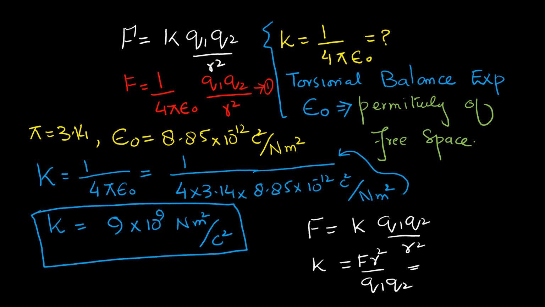So the unit of force is Newton, R is the distance between 2 point charges, so the unit of distance is meter, so R square will be meter square, and the unit of charge is Coulomb, so for 2 point charges the unit becomes Coulomb square. So the unit of K becomes Newton meter square divided by Coulomb square.